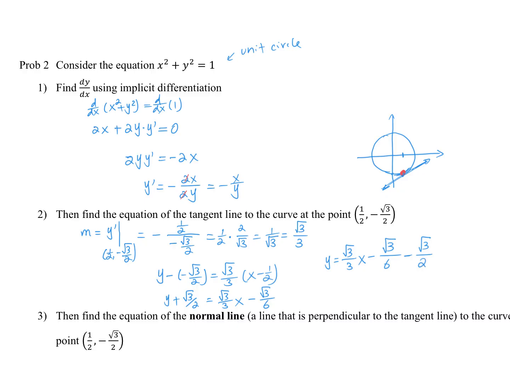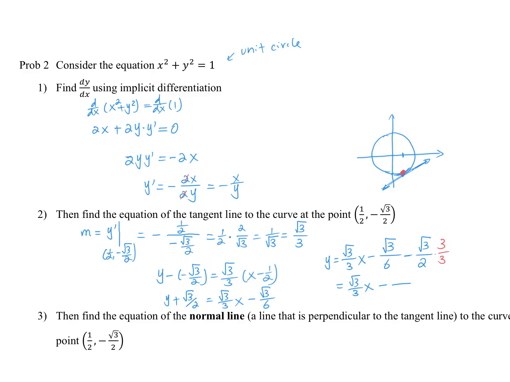over 2. And definitely we want to get a common denominator, right? So that these two constants can be combined. So we have root 3 over 3x minus, and here we have negative root 3, and here we have negative 3 root 3.